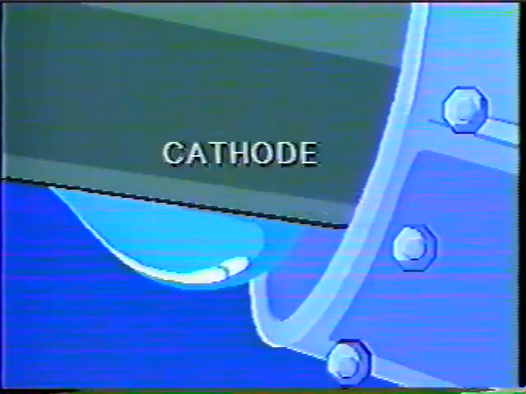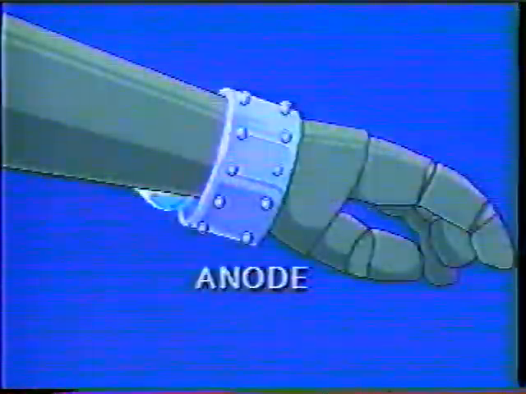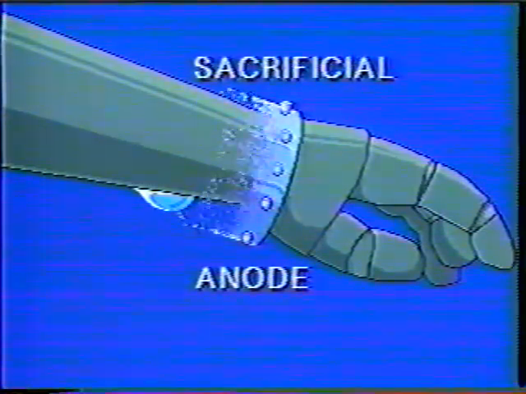The electrons released from the magnesium travel to the iron cathode, where they are passed into the drop. Since the iron is turned into a cathode, this is called cathodic protection. And the magnesium is called a sacrificial anode, since it reacts and erodes away.